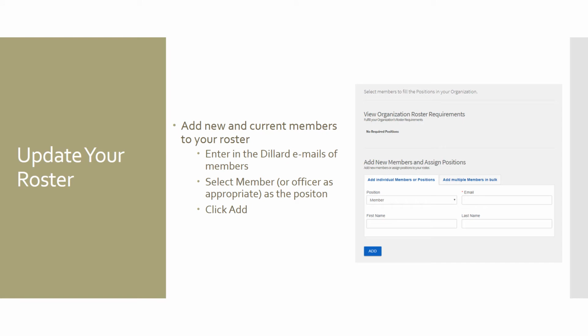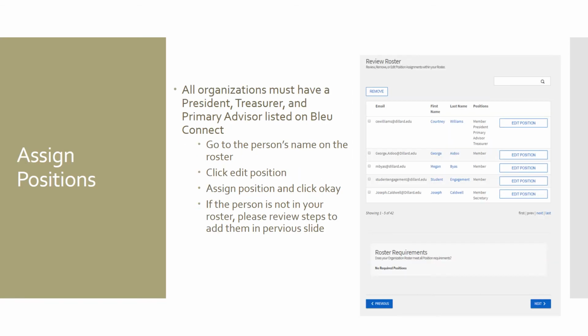Next, you have updating your roster, where you can add new and current members. All you need to do is enter their Dillard emails, and then you can select their position as needed. All organizations must have a president, treasurer, and primary advisor listed on Blue Connect. When inputting your members, please be sure to specify their positions as well as give them administrative privileges.